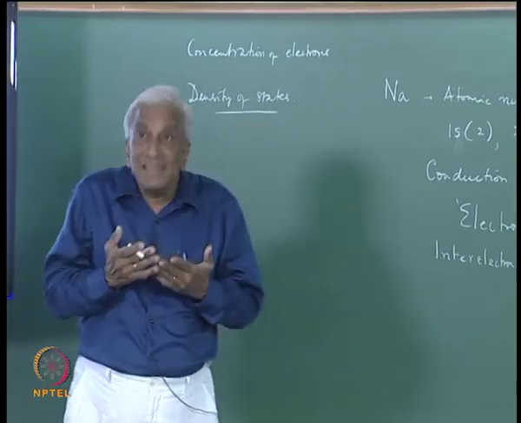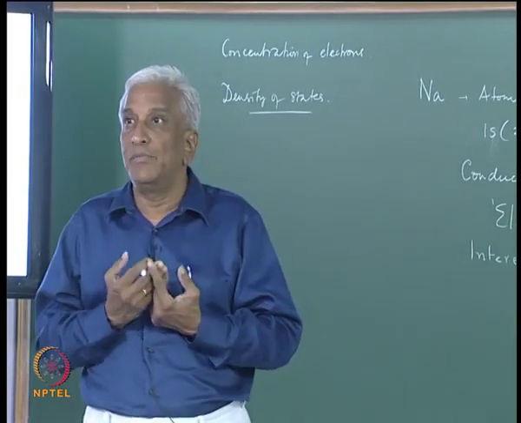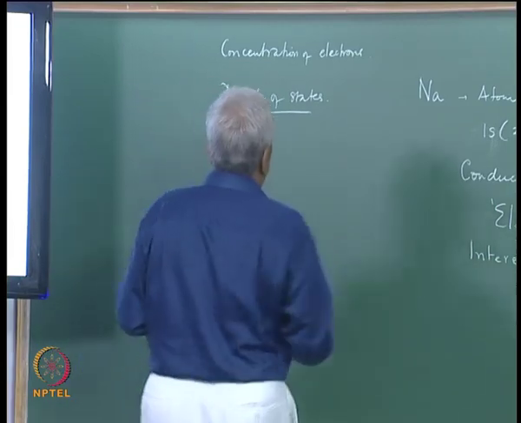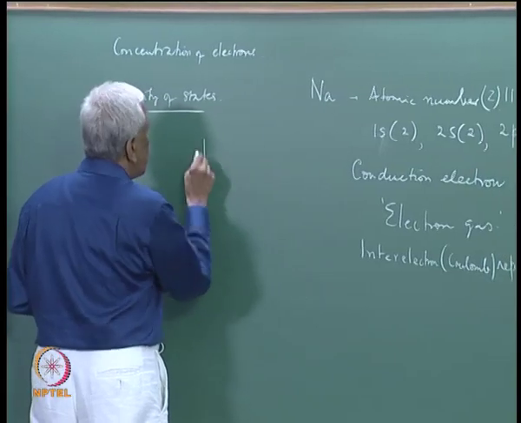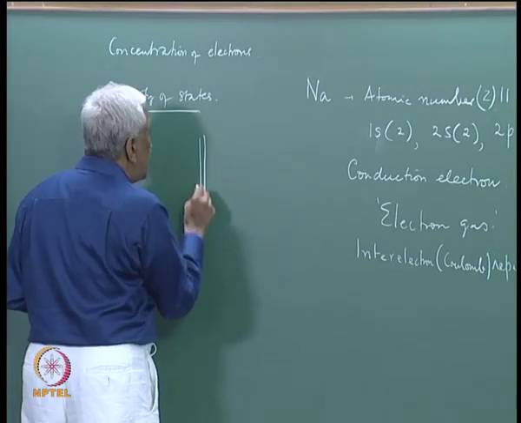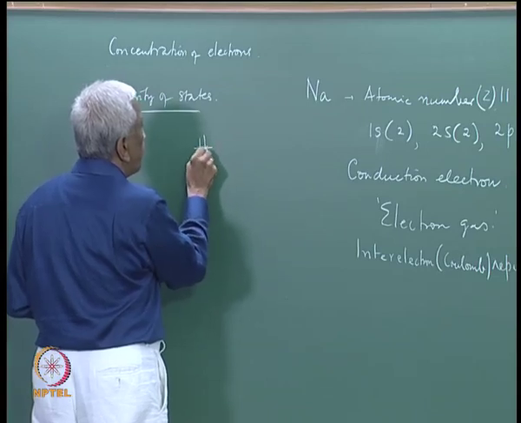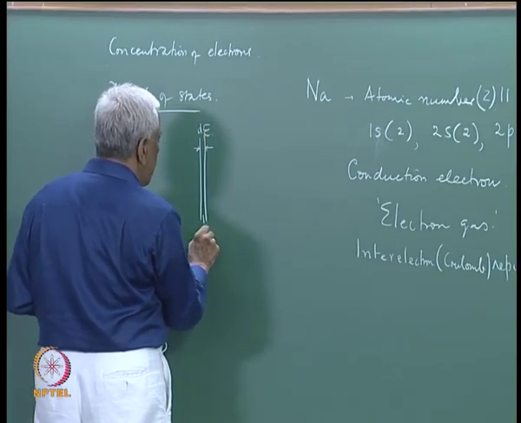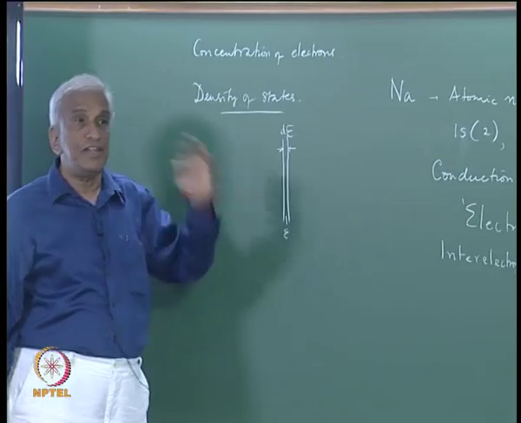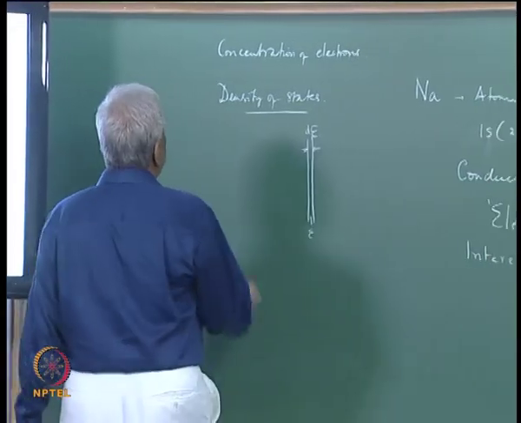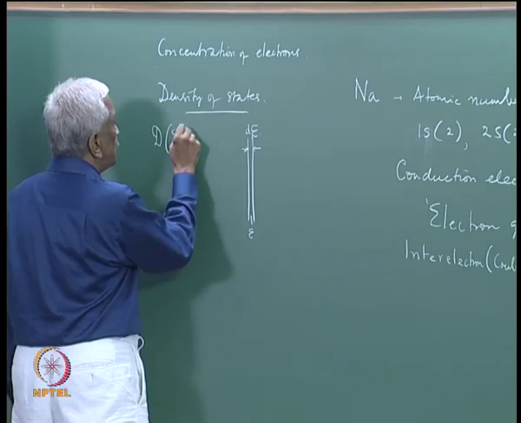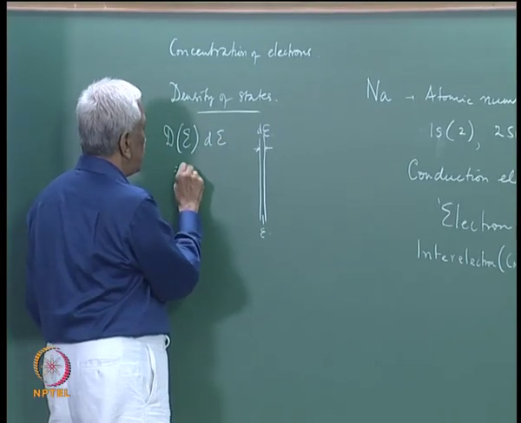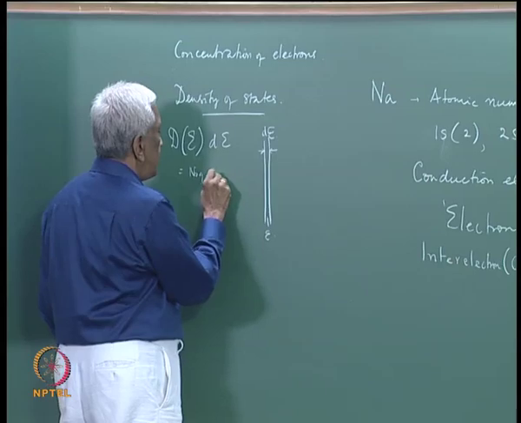So, it tells us how many states are available in a differential energy interval adjacent to a given energy. If I look at a particular energy, I look at an infinitesimal dE around a given energy. If I take this infinitesimal energy interval, D(E) is the density of states function, and D(E) dE gives the number of states in this energy interval.